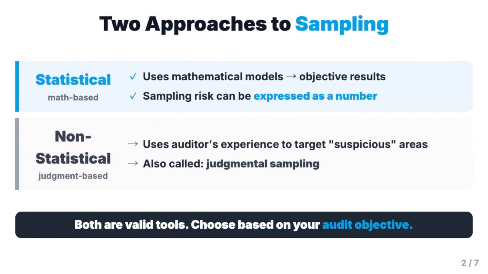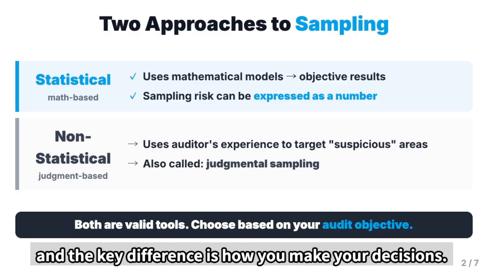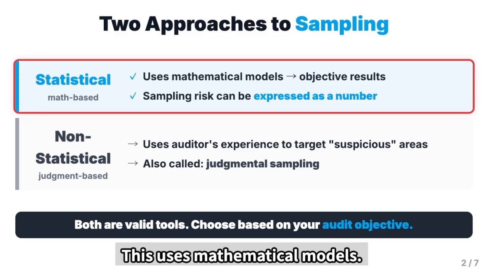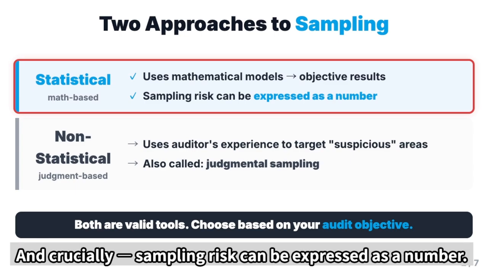2 approaches to sampling. Now, there are 2 broad approaches to sampling, and the key difference is how you make your decisions. The first is statistical sampling. This uses mathematical models. The results are objective and repeatable. And crucially, sampling risk can be expressed as a number.